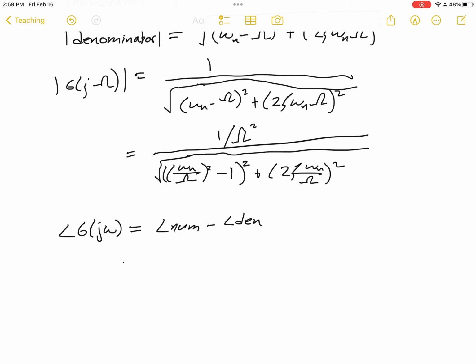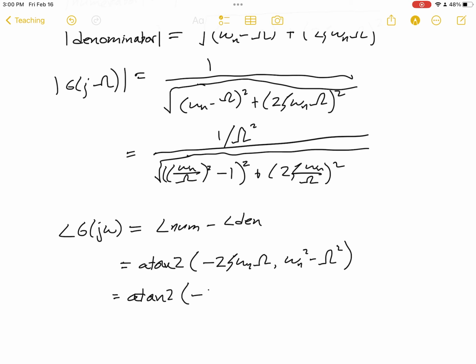And what that comes out to be is a tan 2 of minus 2 zeta omega n omega over omega n squared minus omega squared, which is also equal to a tan 2 of minus 2 zeta omega over omega n, over 1 minus omega over omega n, squared.